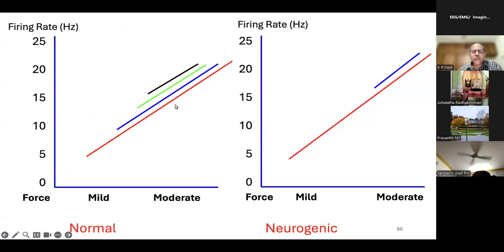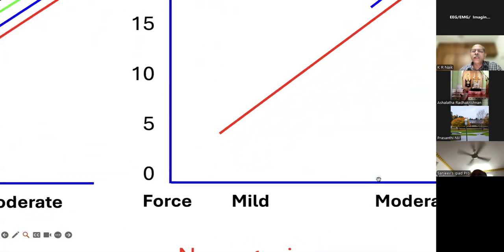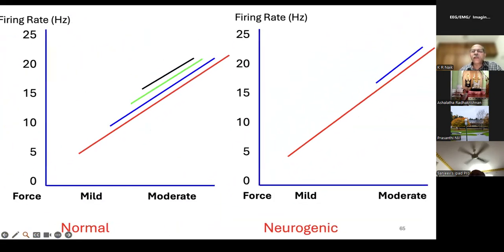With regard to the recruitment I mentioned earlier, suppose the person starts contracting the muscle very, very gradually and keeps increasing. By the time the first unit has come to 10, you have a second unit. Then when this one has come to 10 and increases, then third and fourth will come. Whereas in neurogenic, you have fewer motor units.